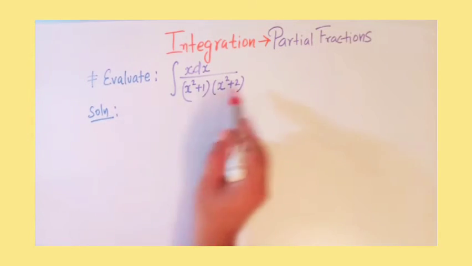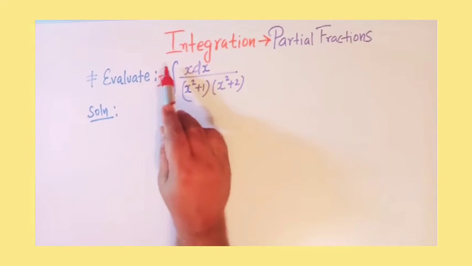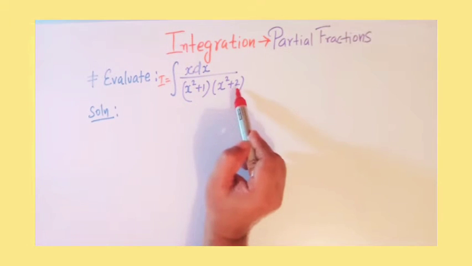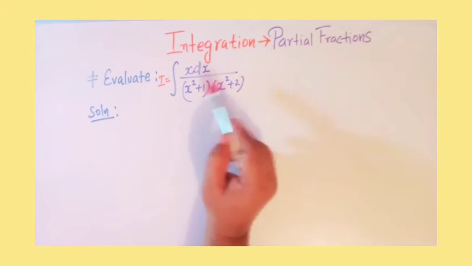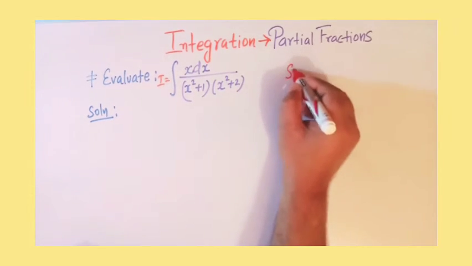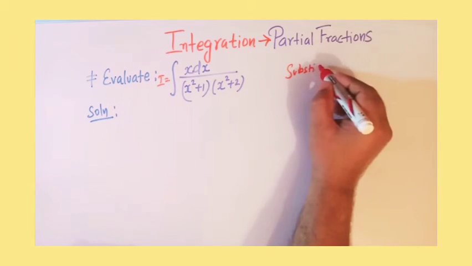Now viewers, let us take this problem. Here we have to integrate x over (x square plus 1) times (x square plus 2). Now see, here we will actually apply two methods. The first one is the substitution method, and the second one is the partial fraction method.